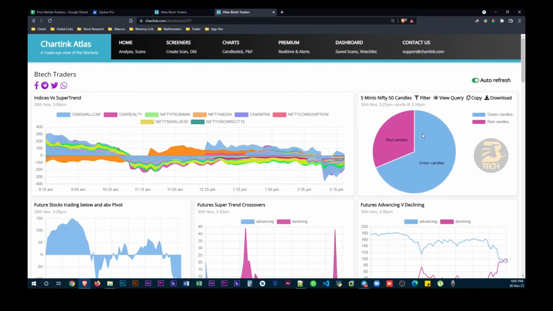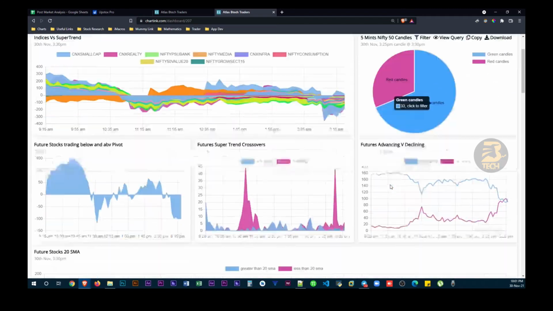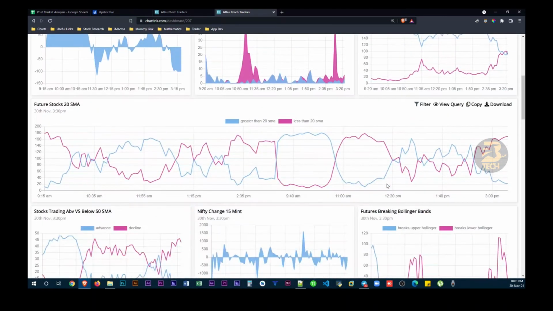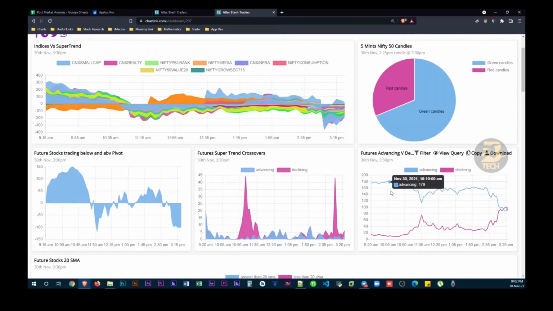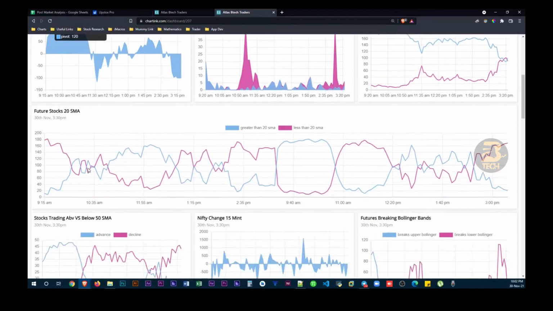Here you can see that this contains a lot of lines and graphs, so don't get confused. We don't use all of these indicators. We use about 12 of these indicators to predict the market movement. These indicators are marked as 20 SMA, 50 SMA, Bollinger Band breakouts, pivot points, and so much more.